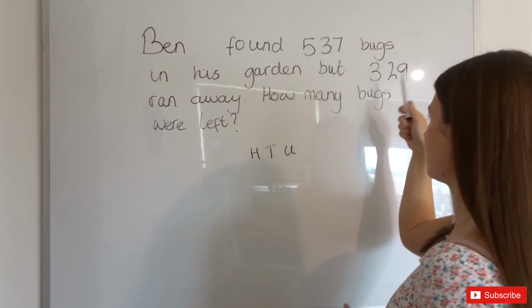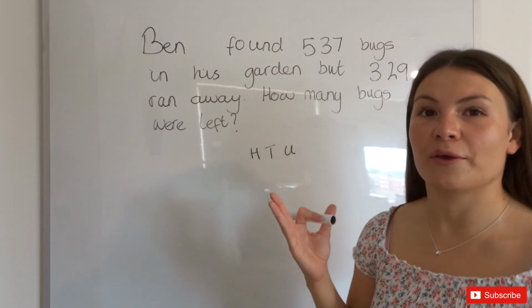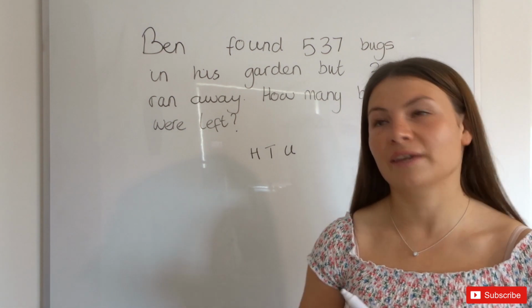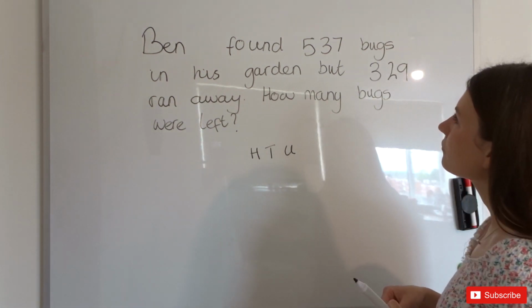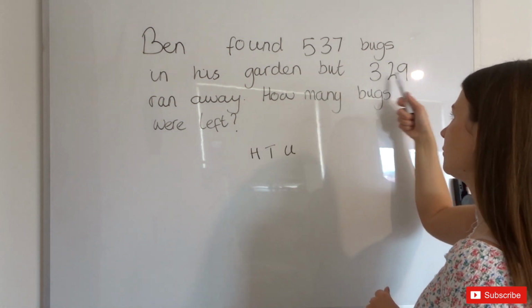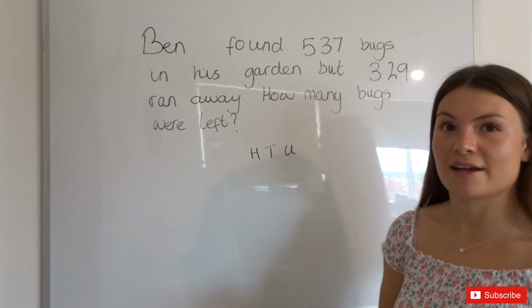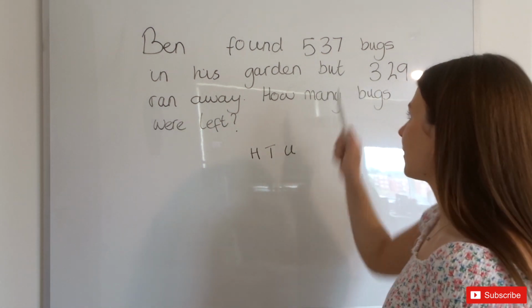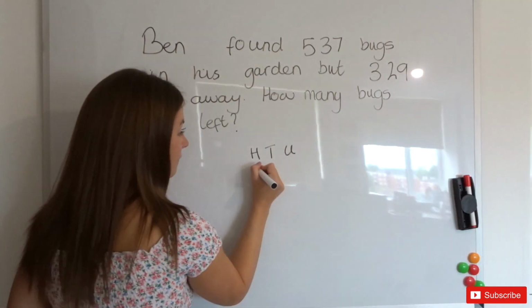So 537 take away 329. How else would I know that that was what the question was asking me? How did I know that it was 537 take away 329, not 329 take away 537? Because 537 is the bigger number. Well done if you spotted that.